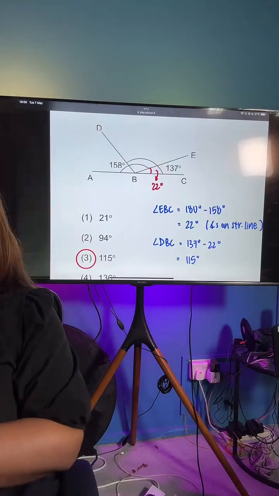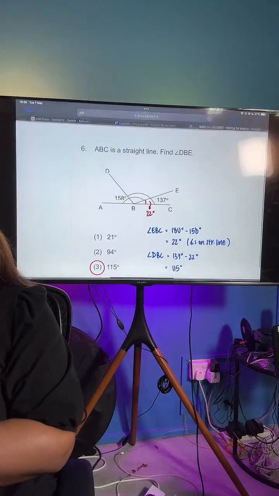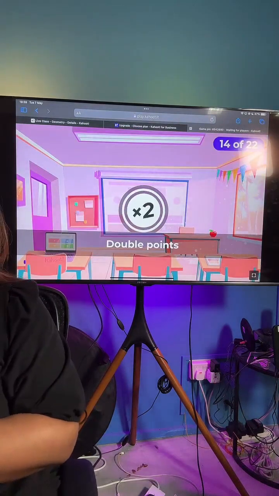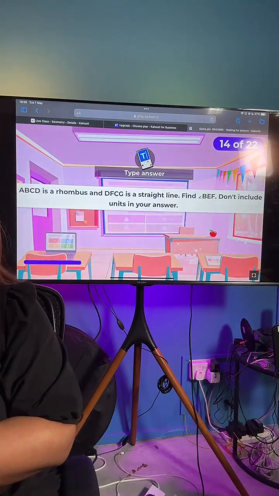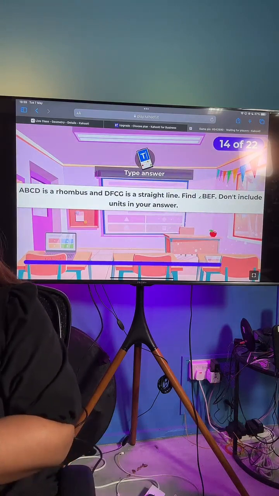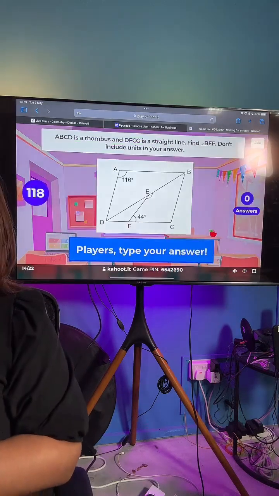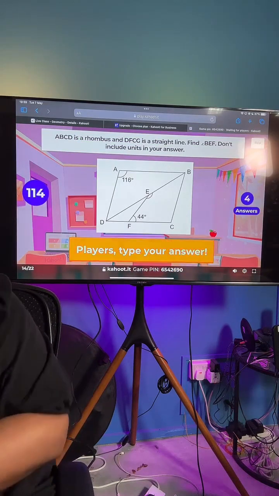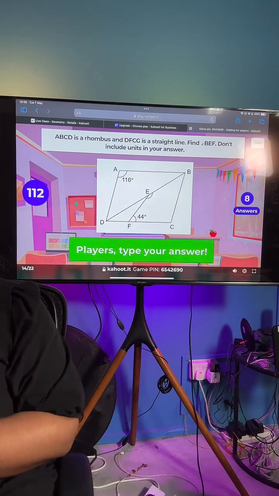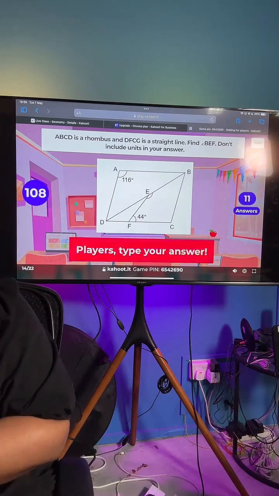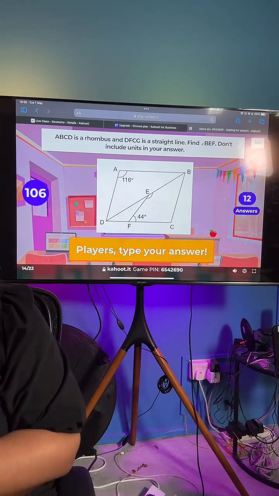Okay, let's move on. Next one, question in paper 2. Type in your answers, okay guys? You just have to type the numerical value, just numbers in your answer. You have 2 minutes for this question.